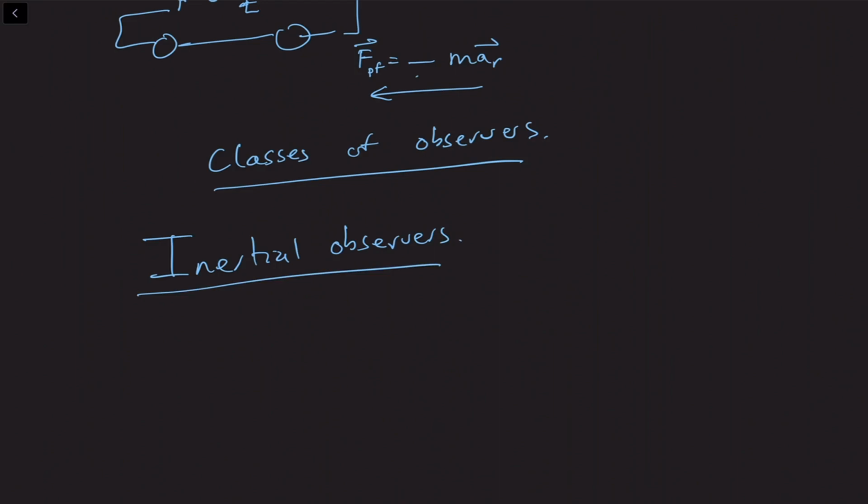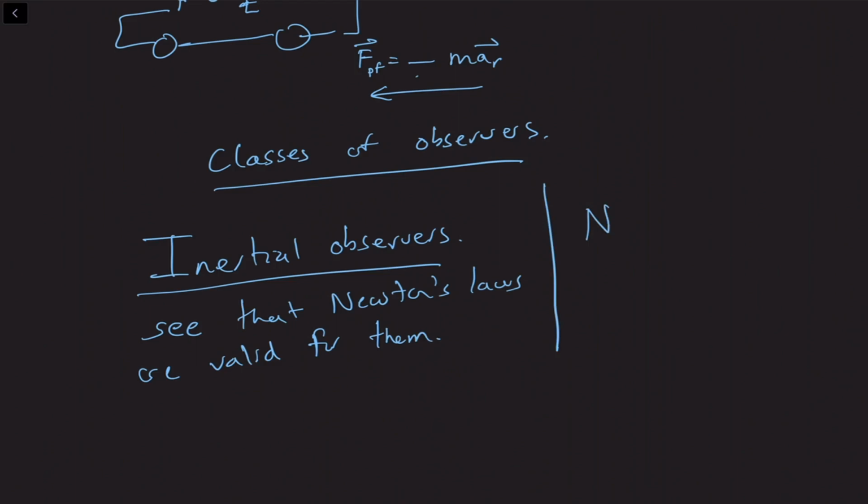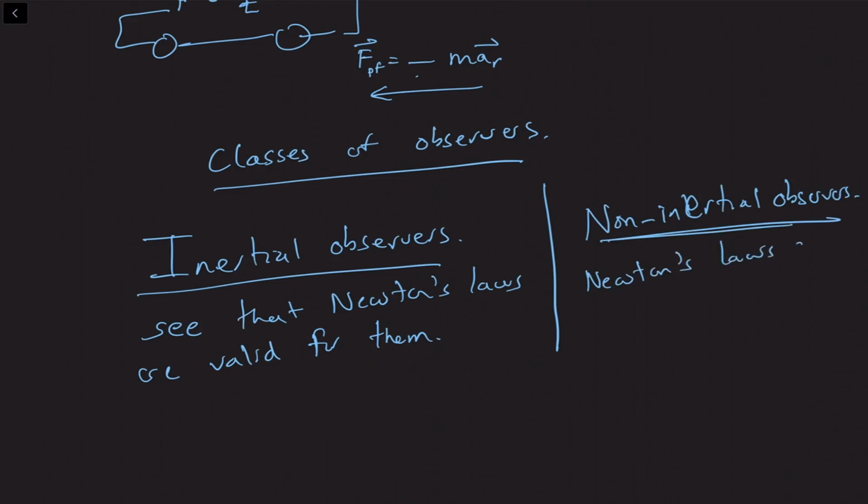These inertial observers see that Newton's laws are valid for them. And there are so-called non-inertial observers who see that Newton's laws are not valid, and they need to take into account pseudo forces.